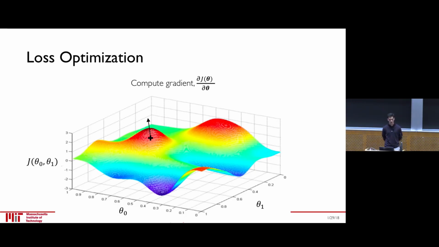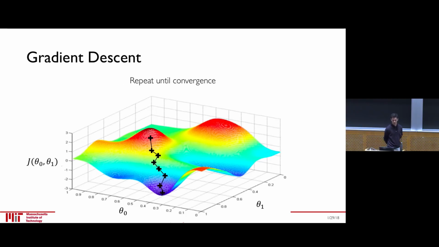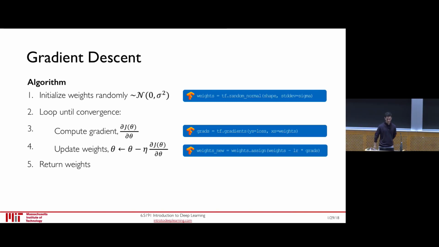So this is telling us the direction going towards the top of the mountain. So let's take a small step in the opposite direction. So we negate our gradient, and we adjust our weight such that we step in the opposite direction of that gradient, such that we move continuously towards the lowest point in this landscape until we finally converge at a local minima, and then we just stop.